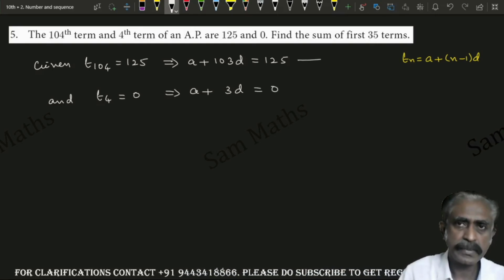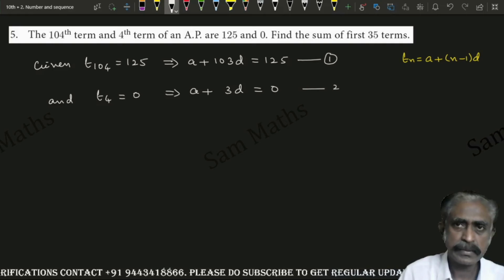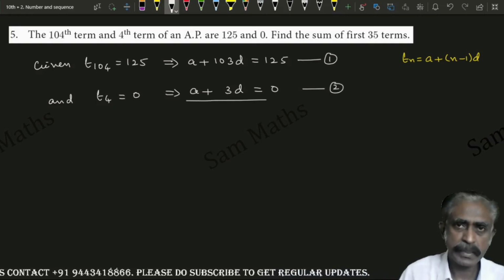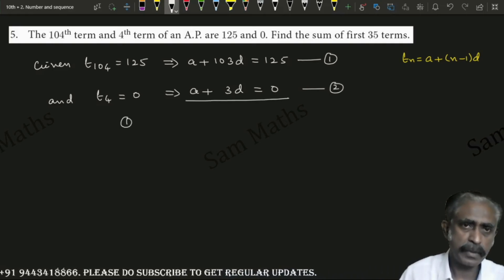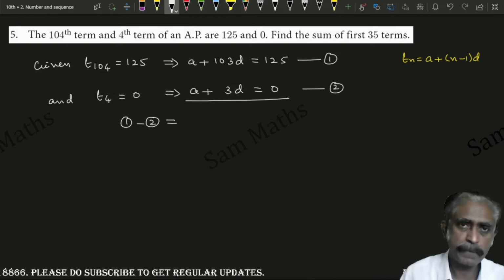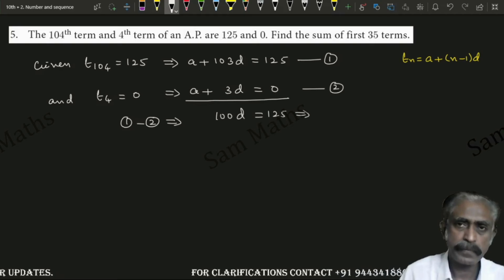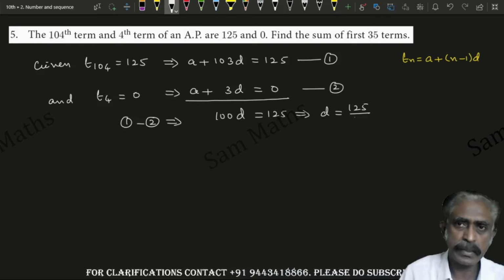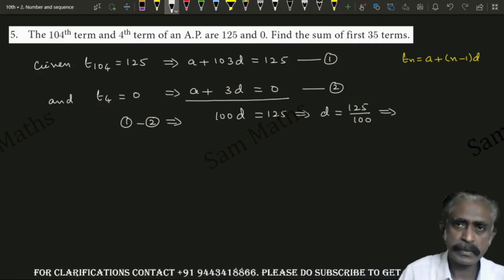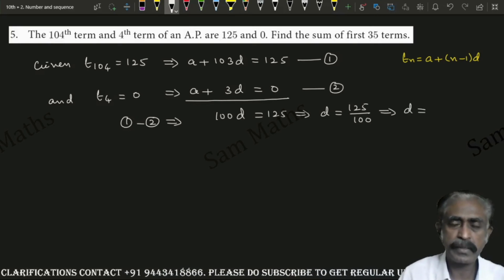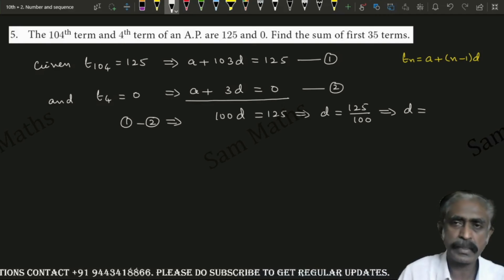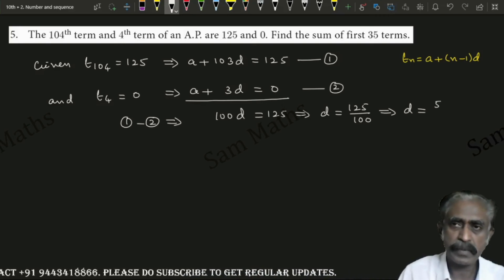You take this as first equation and this is the second one. You can subtract this. Therefore, 1 minus 2 implies, it becomes 100D equal to 125. From this, D is equal to 125 by 100, which implies D is equal to, you divide by 25 in the numerator and denominator, it becomes 5 by 4.